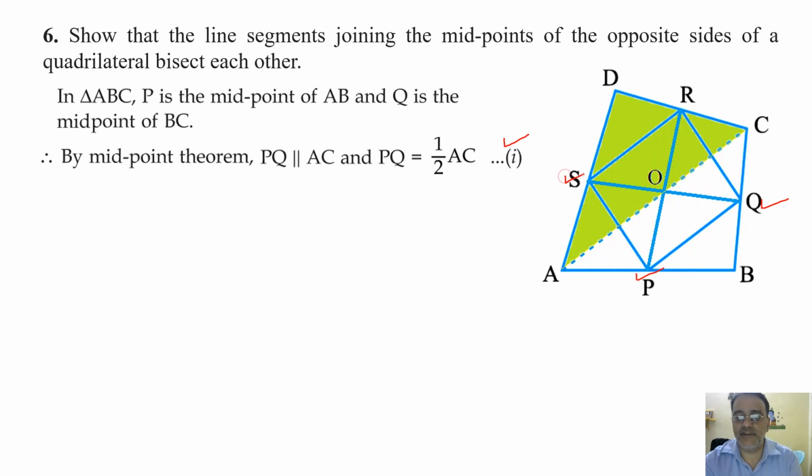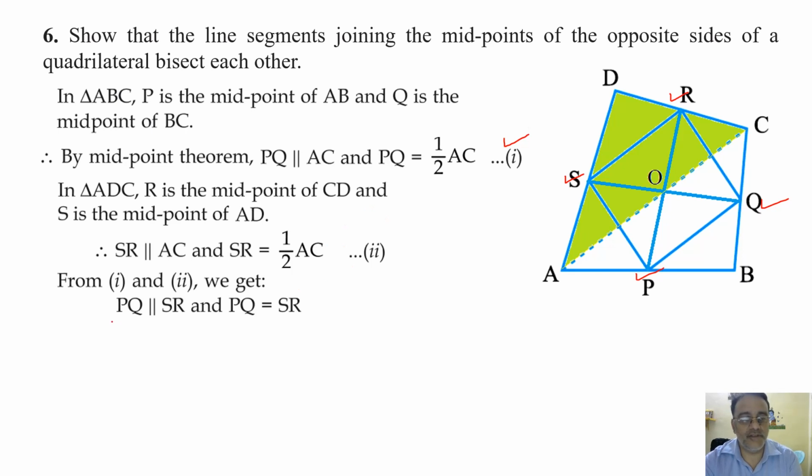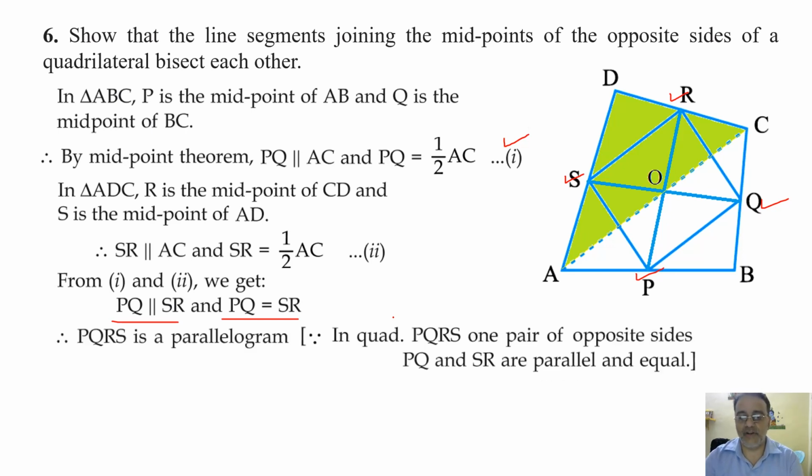S is the midpoint of AD and R is the midpoint of CD. So SR is equal to half of AC and SR is parallel to AC. From equations 1 and 2, PQ is parallel to SR and PQ is equal to SR. So PQRS is a parallelogram because in this quadrilateral PQRS, one pair of opposite sides are parallel and equal.